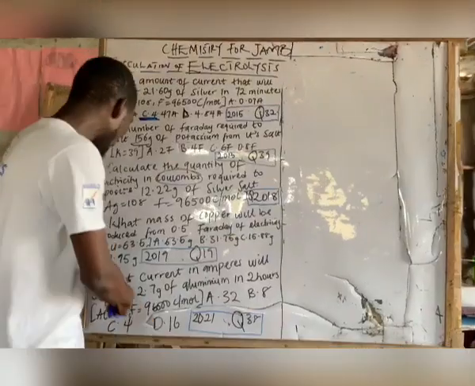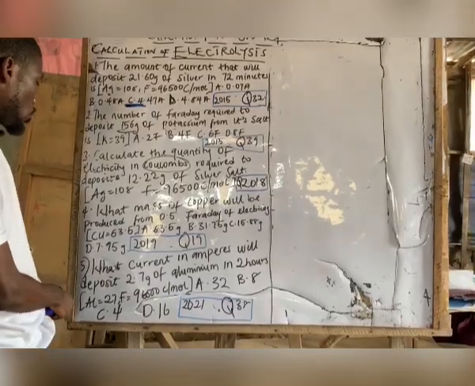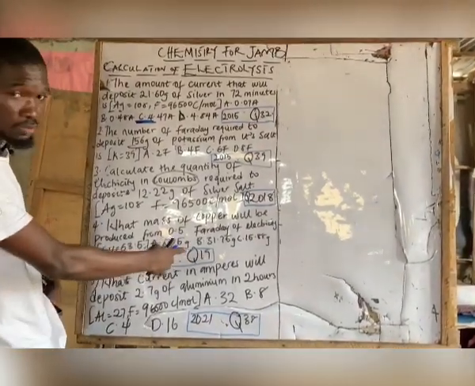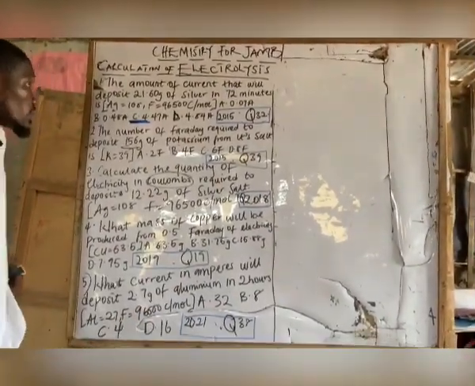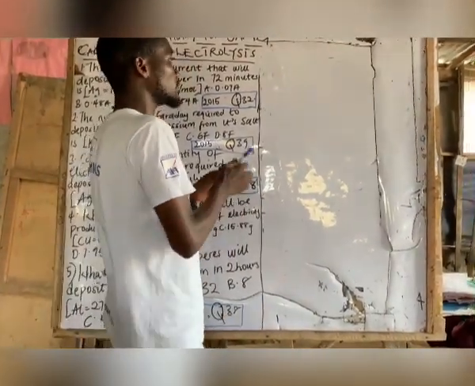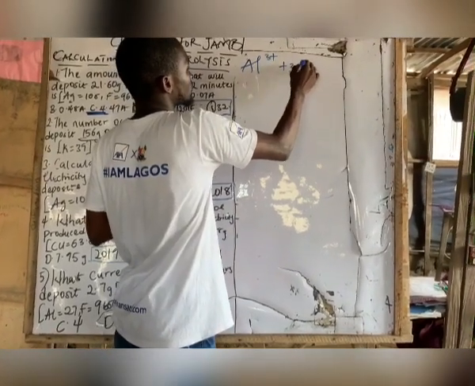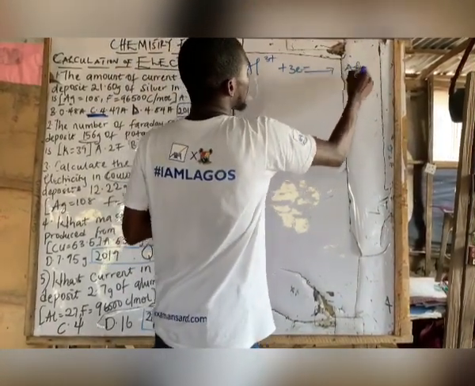So you can see the other. Look at this number 5 now. What current in ampere will deposit 2.7 gram of aluminium in 2 hours? The first thing is to draw the equation of aluminium, which is this, Al.